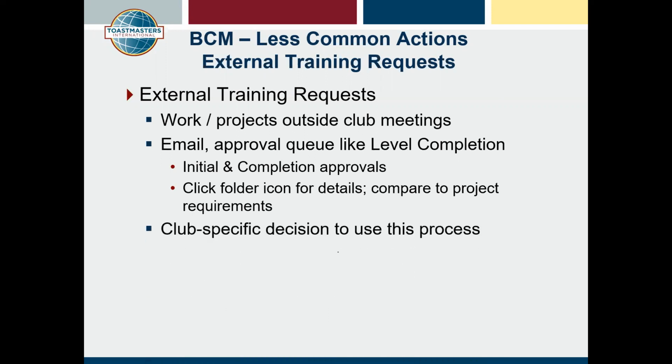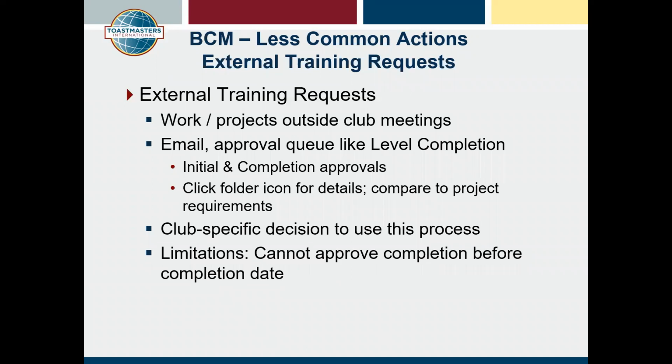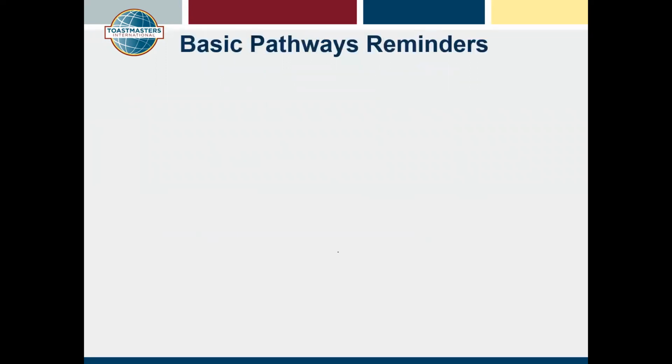It's a whole big form that they have to fill out. Each club can decide whether they want to use that process, or if you just say, send me an email that tells me what you're doing outside of the club. The limitations are you can't approve a completion before the completion date, so they would have to go and edit the request. It gets very complicated. It's putting a lot of process into place instead of just face-to-face communication.